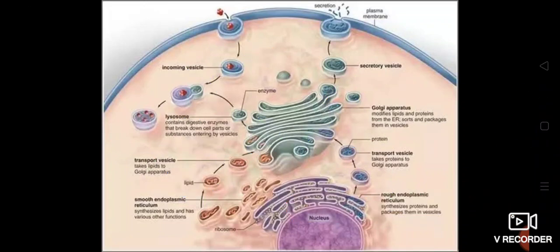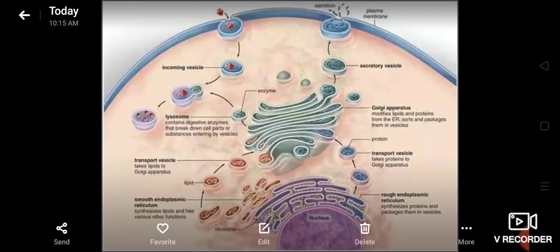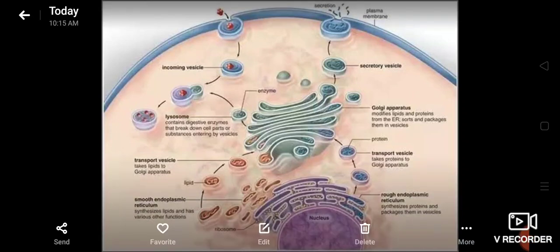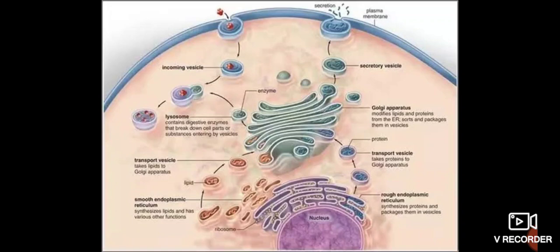So this is how the Golgi apparatus and the endoplasmic reticulum function in the formation and transportation of materials. The Golgi complex is basically responsible for packing of the materials and releasing them outside the cell and inside the cell also. They are also helpful in the formation of sugars, lipids and proteins. They also form the lysosomes, as I told you.